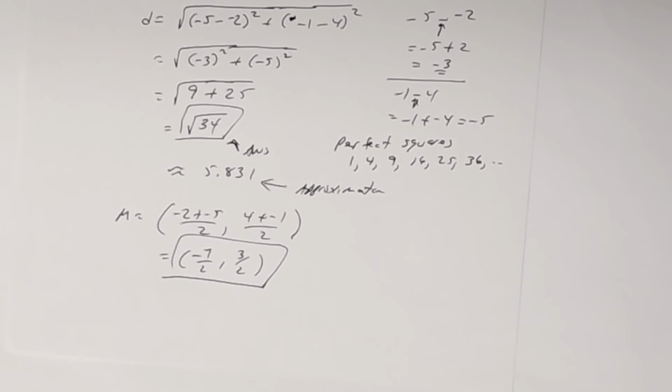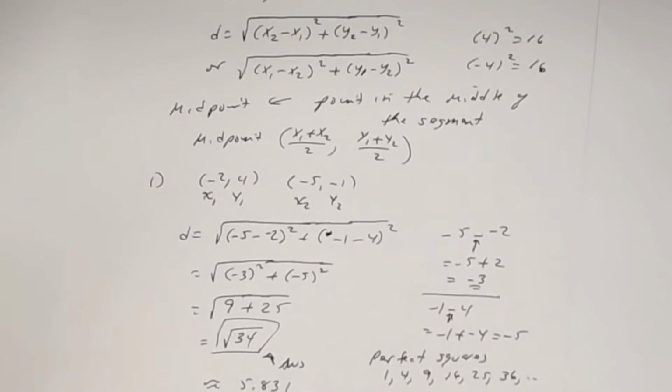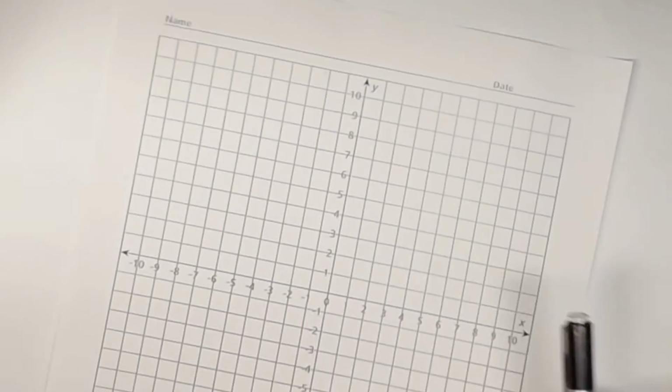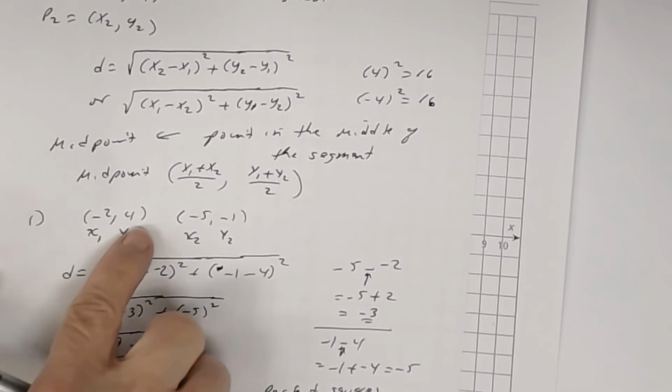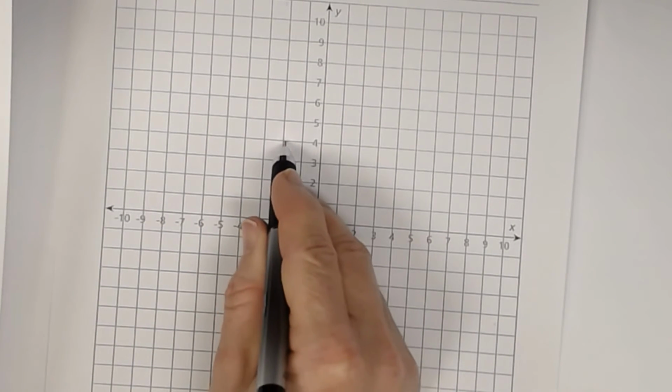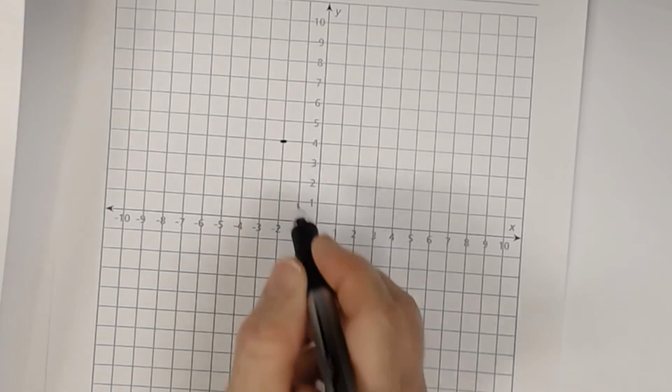Okay, now I want to show you something, though. If I went ahead and plotted these 2 points in the coordinate plane, so I'm going to go ahead and plot these in the coordinate plane. So -2, 4 is right here. So that's -2, 4.